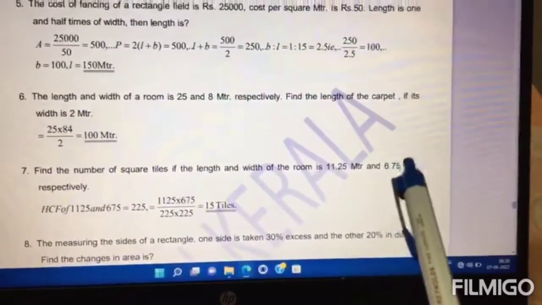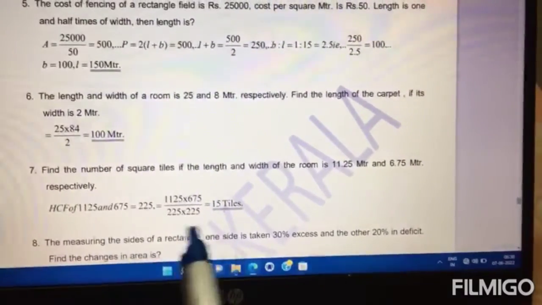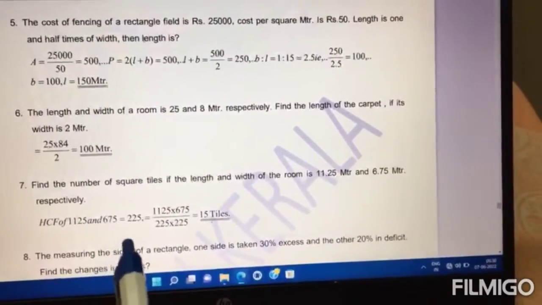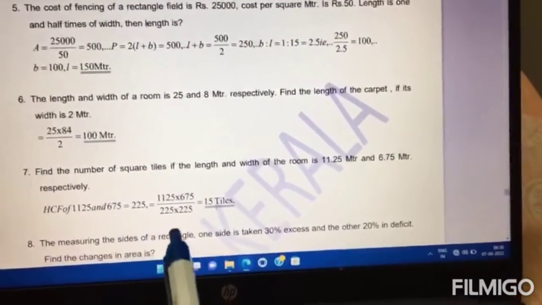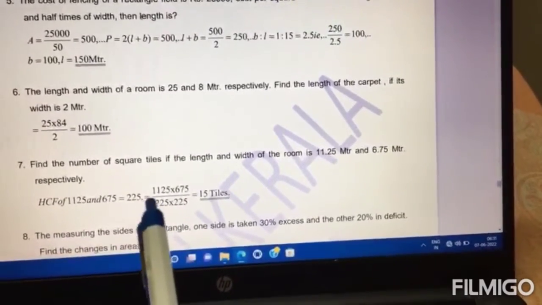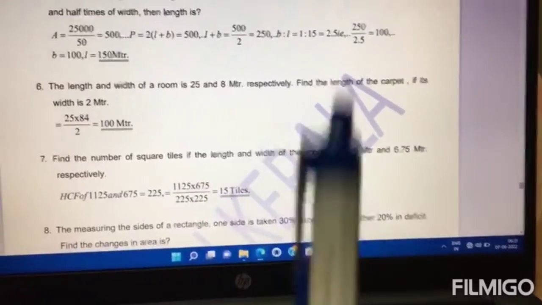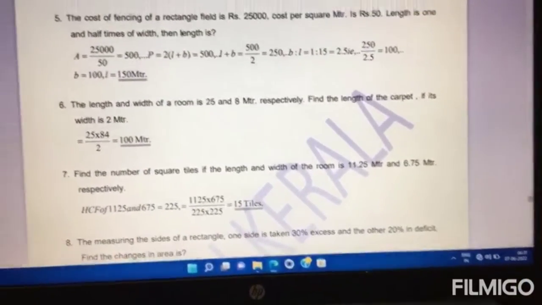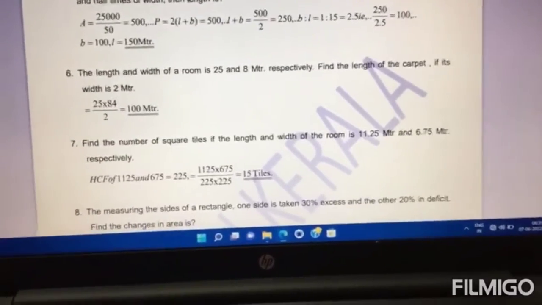This is in meters, converted into centimeters, divided by the highest common factor of 1125 and 675, which is 225. Divide this area by the square of this. You will get the number of tiles. We have learned how to calculate the highest common factor, so please do it accordingly.